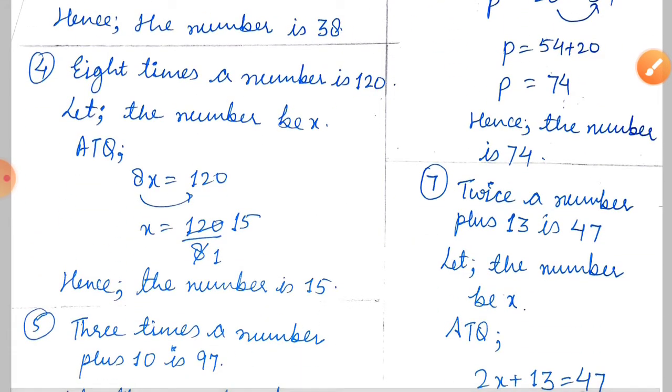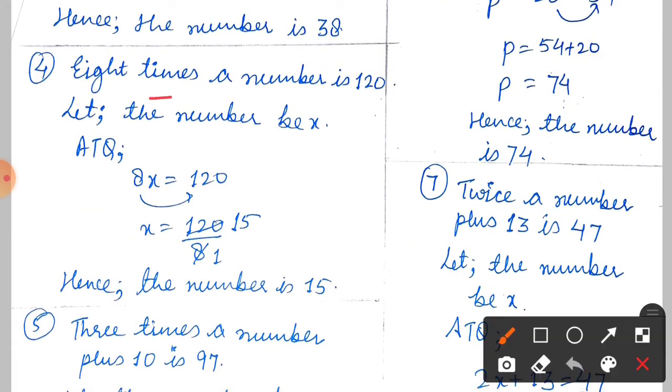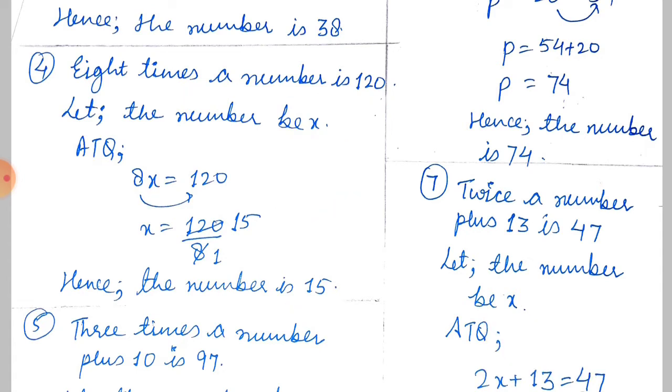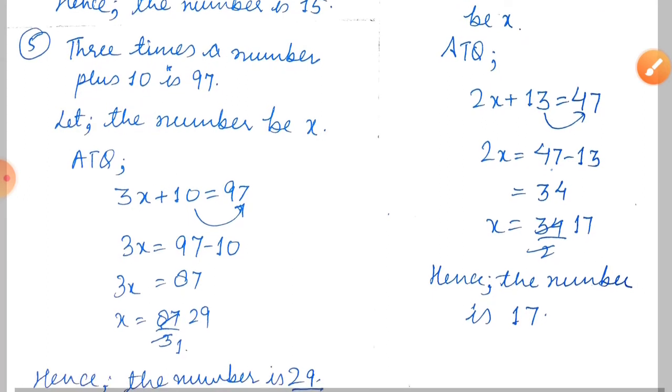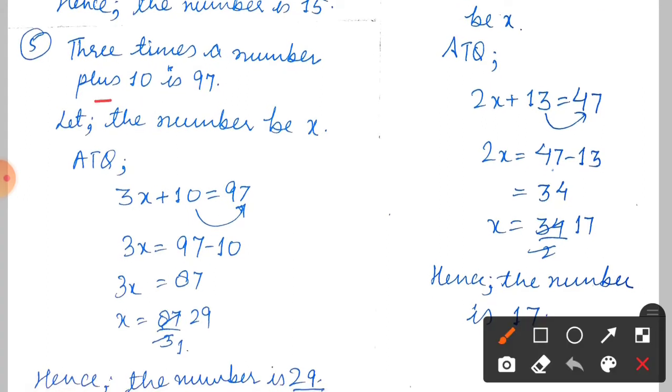Now come to question number 4. 8 times a number is 120. So let us assume the number as x. The word times is there, that means 8 multiplied by x is equal to 120. So transpose it, hence the value of x is 15. Now fifth question, 3 times a number plus 10.